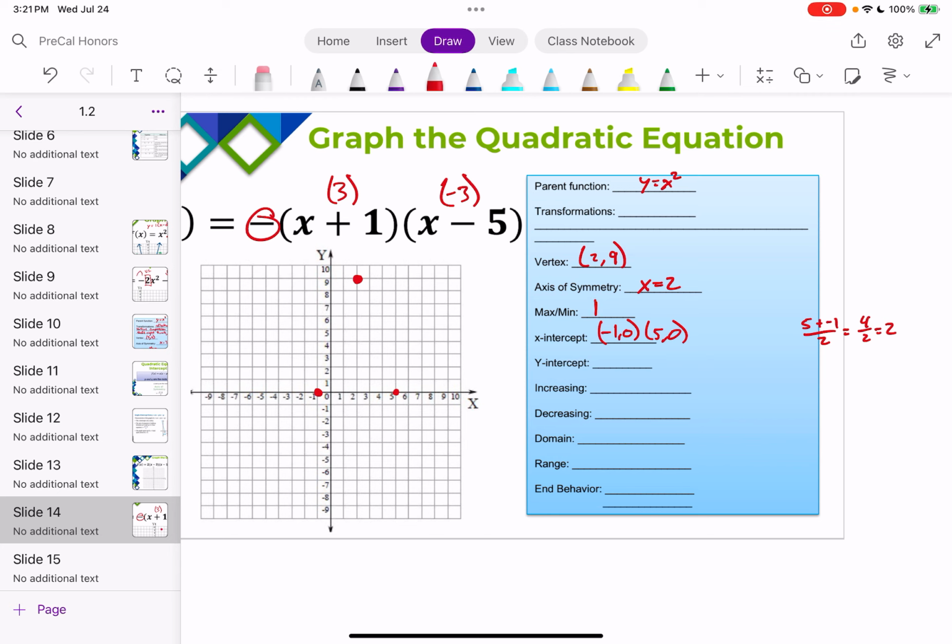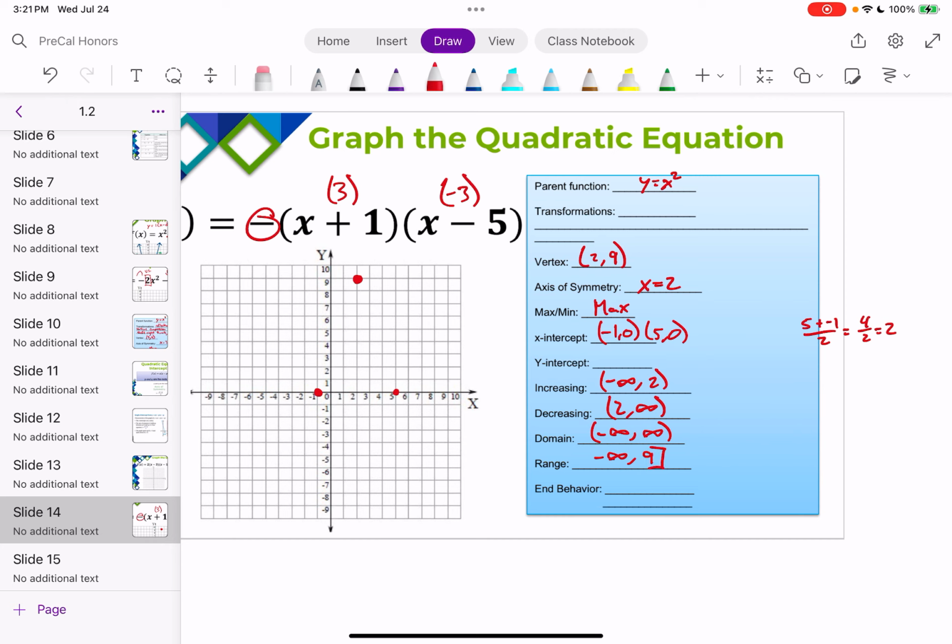This would be a maximum. From here, increasing would be from -infinity up to 2, decreasing from 2 to +infinity, domain from -infinity to +infinity. Range would be from -infinity up to 9.